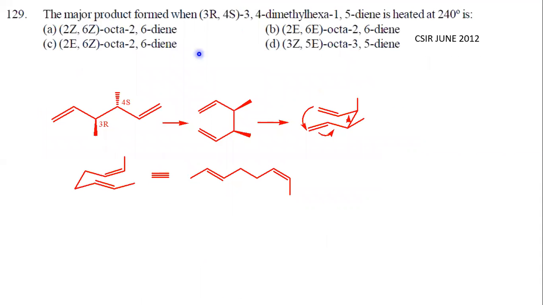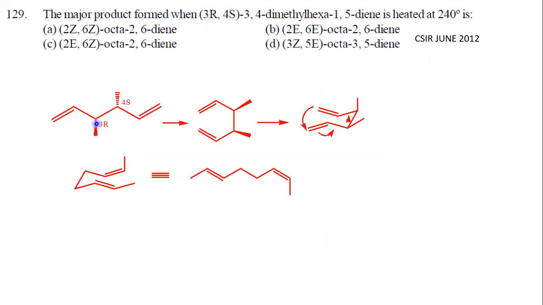And the major product formed when 3R,4S 3,4-dimethylhexa-1,5-diene is heated at 240 degrees is? First we need to write this molecule like this. This is the stereochemistry of this carbon and this carbon.